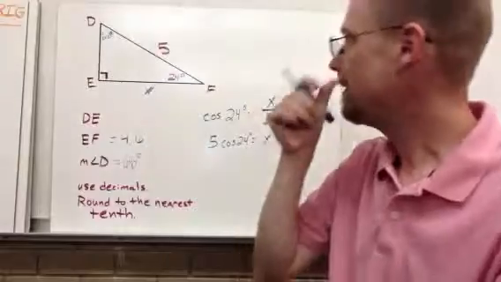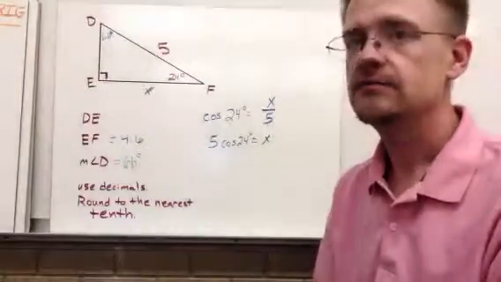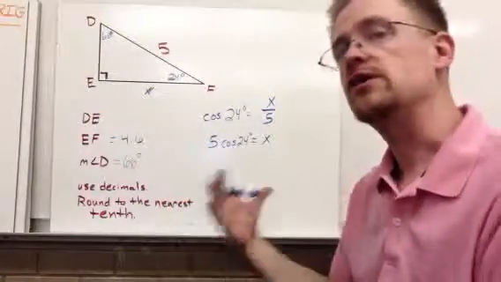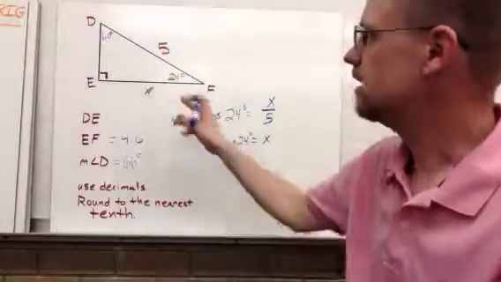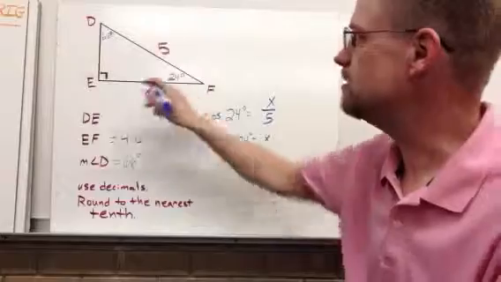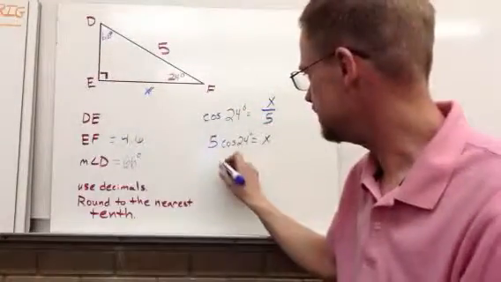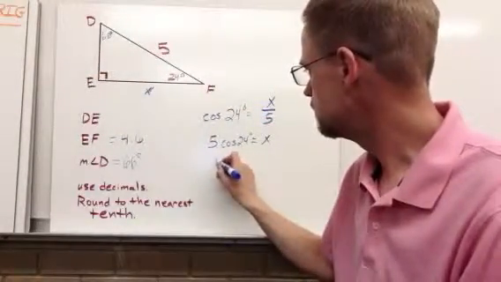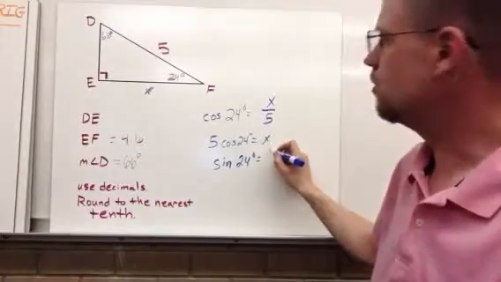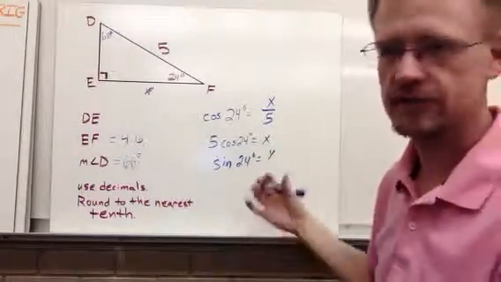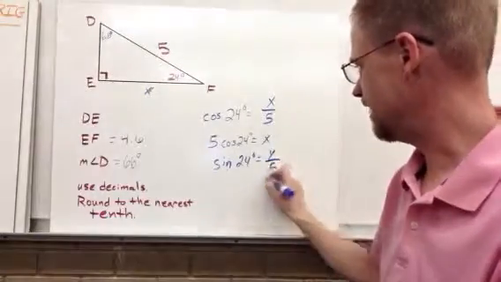Now, to find DE, we can do another trig function. We could do the Pythagorean theorem. You've got a couple options. Let's go ahead, though, and simply use the sine of 24. That's going to equal, we're going to call this side y for right now, just so we use a different variable, y divided by 5.